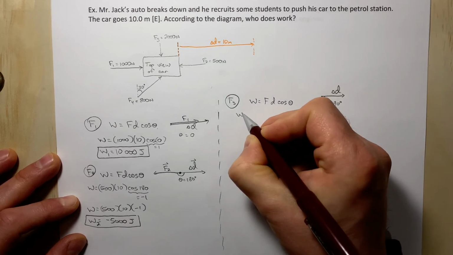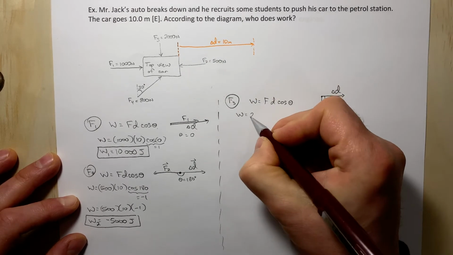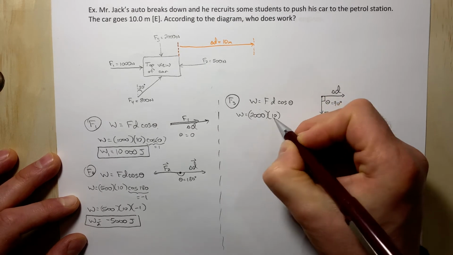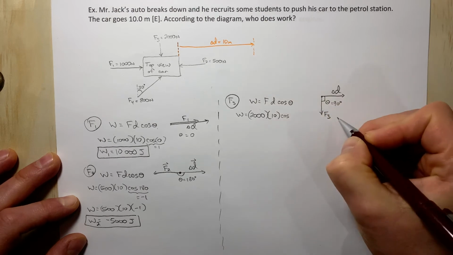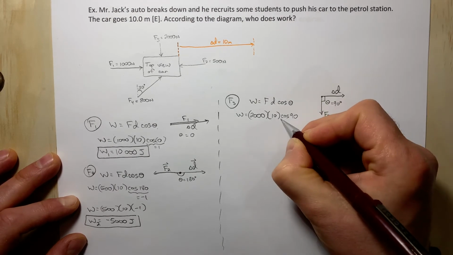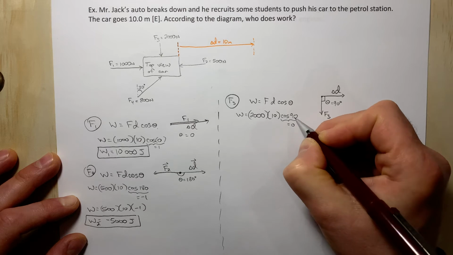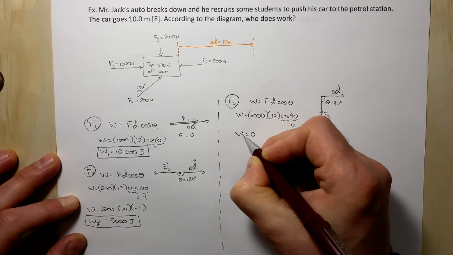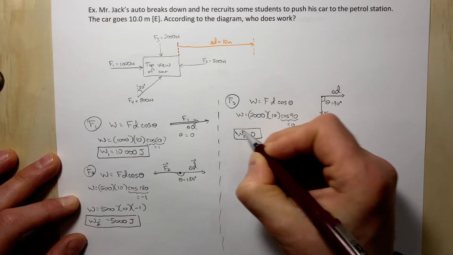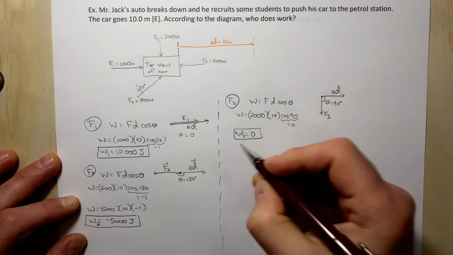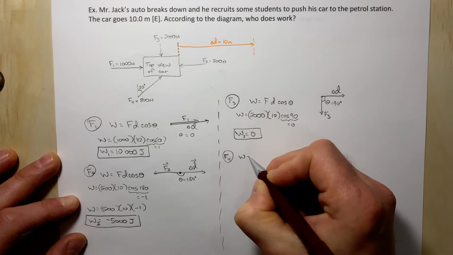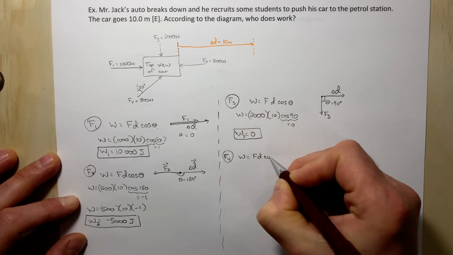When I sub these numbers in, work is 2,000, displacement still 10, again all just magnitudes. This cosine of 90 is 0, so 0 times everything else is 0. The work done by person 3 on the car is 0. They don't contribute any work. I guess they keep the door closed or something. I don't know why they're pushing that way.